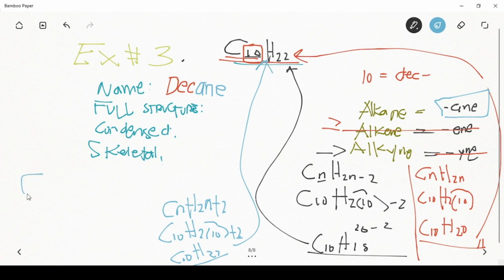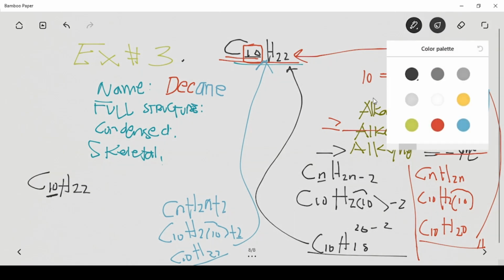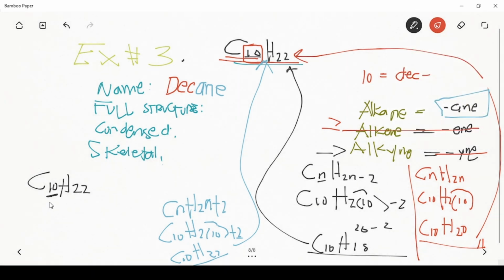Okay, here's the tip for you to identify it easily. The given here is C10H22. The tip is you multiply the carbon number by 2. So 10 times 2 is 20.